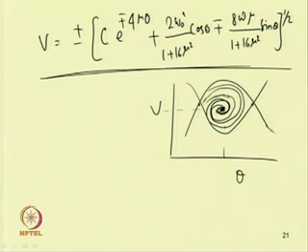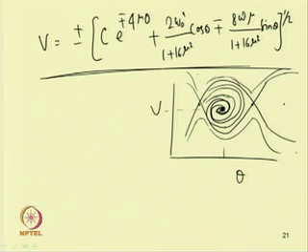If one expands this, one can also have a set similar to the case of the conservative system. Here also one can plot the flow diagram, and similarly corresponding to this point we have a stable focus.